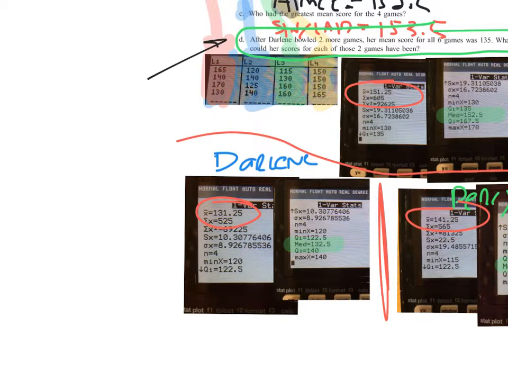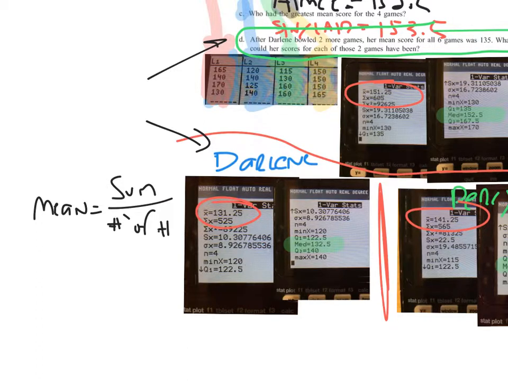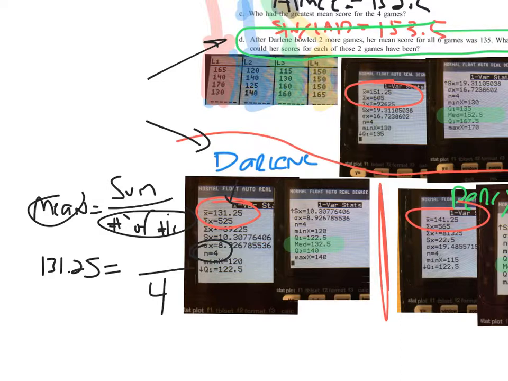Well, if we go back to Darlene's information, we know that the mean is equal to the sum divided by the number of numbers. So we know from before her mean was 131.25. We know she bowled 4 games, so the number of numbers was 4.